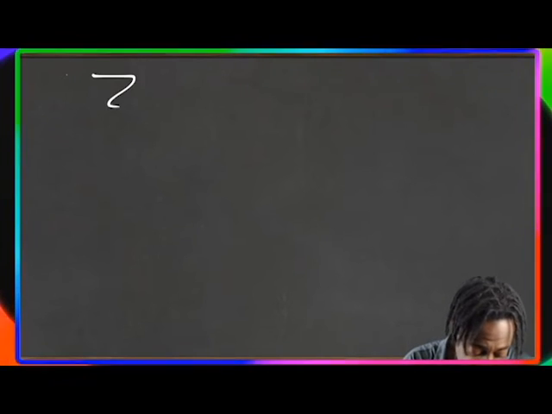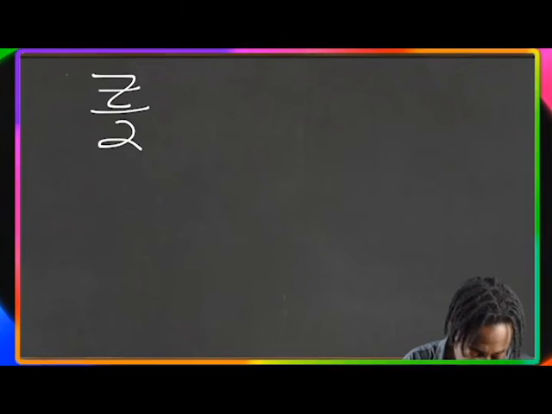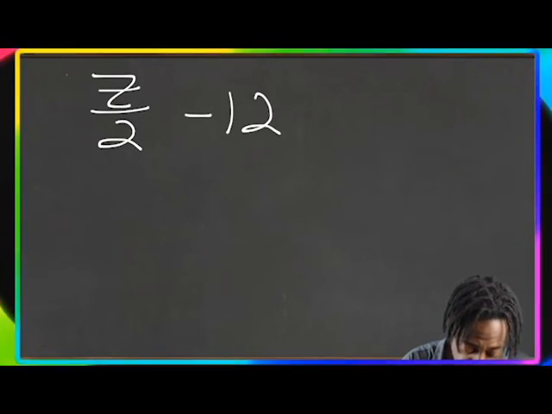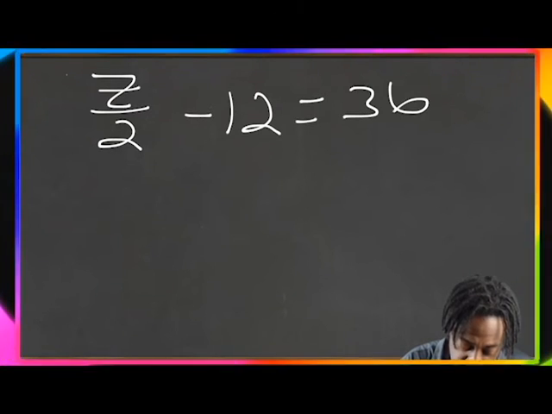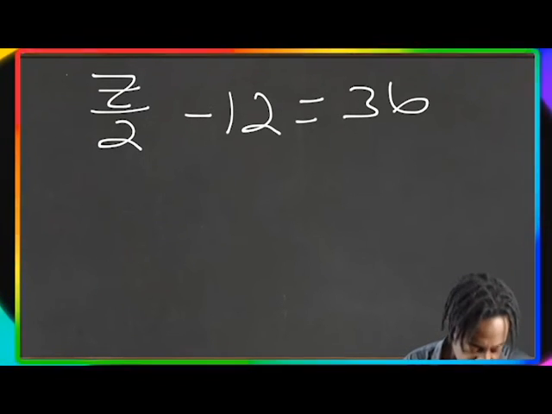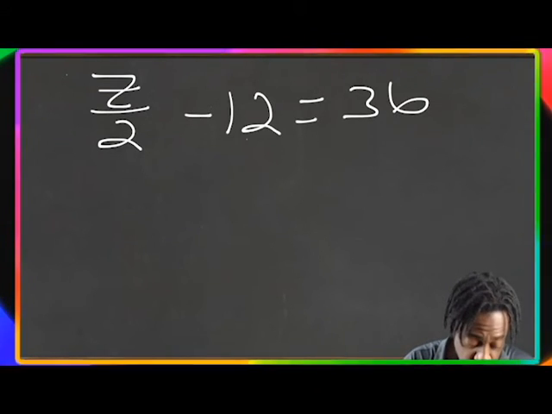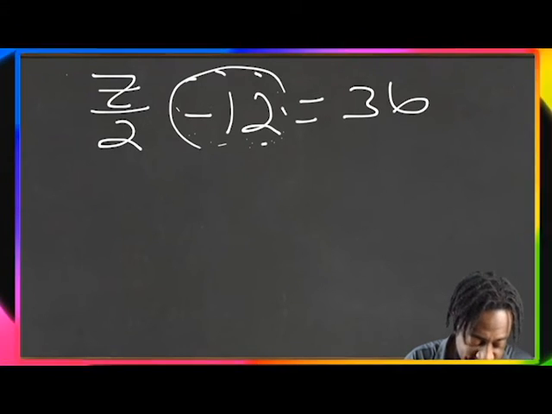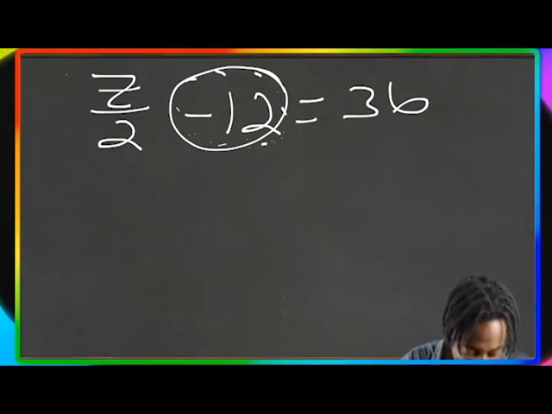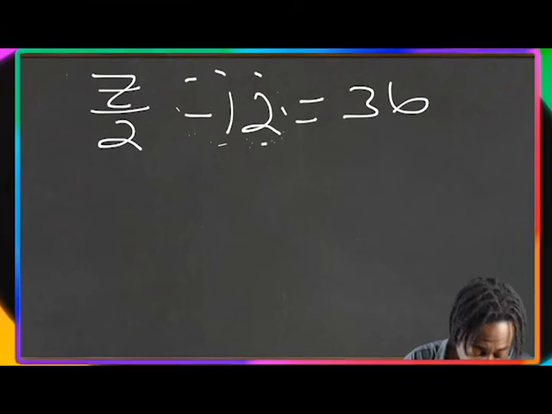We are back. So we have z over 2 minus 12 equals 36. And I'll show you the answers in a minute. So what's by itself? What's all alone? This 12 here. Let's put some stars around it.